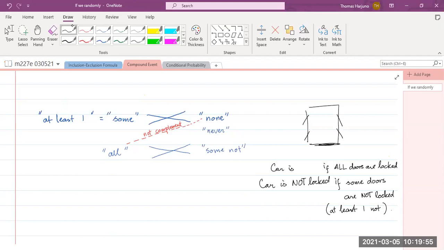No, doesn't matter. Once you have one of your doors not locked, then your car is not locked. You cannot use the sense of majority there. Majority of the doors locked, so the car is locked? No. If you put yourself as a thief, that's all you need. You just need one door not locked.